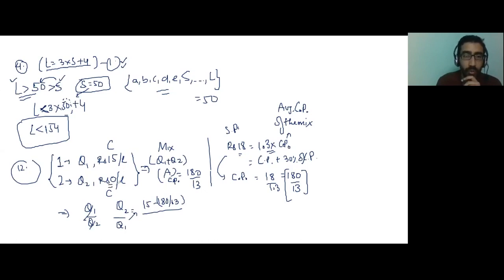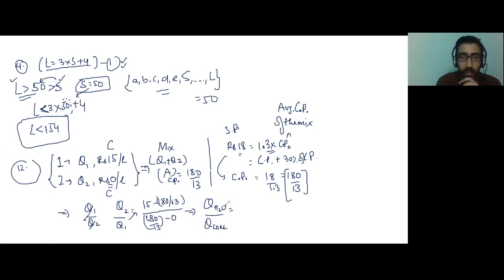Q2 is, of course, 0 rupees per liter. It's free, so it's going to be 180 by 13 minus 0. If you solve this, you will get the ratio in which water should be added to the coke concentrate. That is all you need to do.